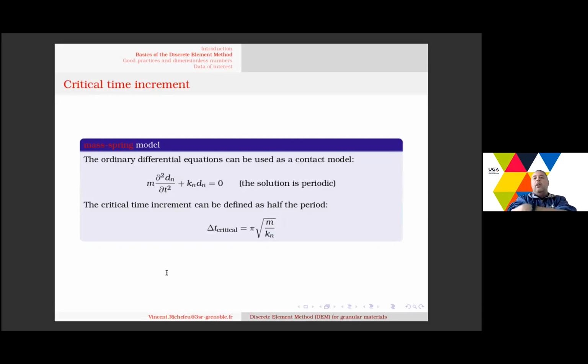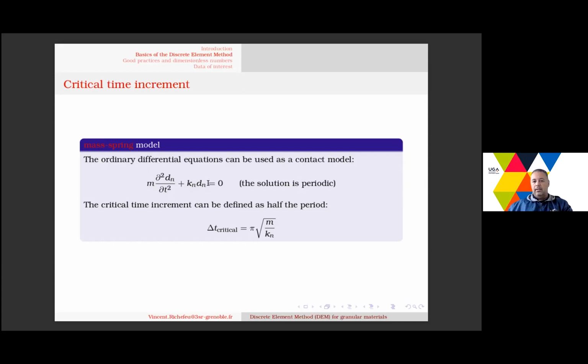Now when we perform DEM computations, we will need to set some parameters. One parameter which is of importance is the time step. To define a criterion for what a good time step is, we rely on the ODE, ordinary differential equation, that corresponds to a mass with a spring, only a mass and a spring.